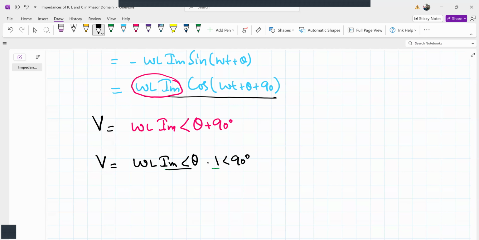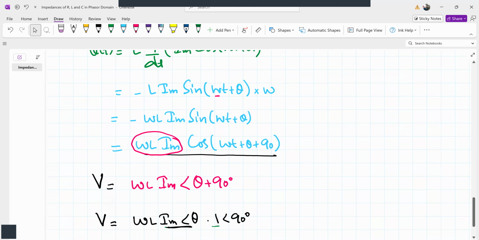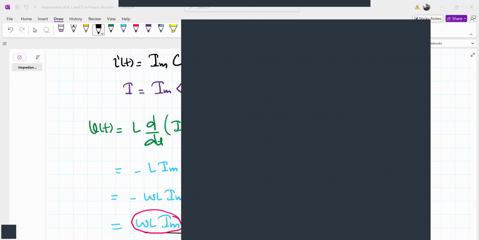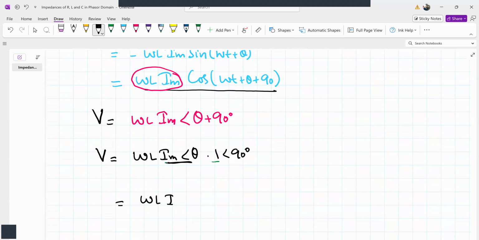We learned in previous sessions how to multiply two complex numbers in polar form. Now, what is this? This is the I phasor, right? So V phasor in terms of I phasor can be written as omega L times I, times 1 at an angle of 90 degrees.